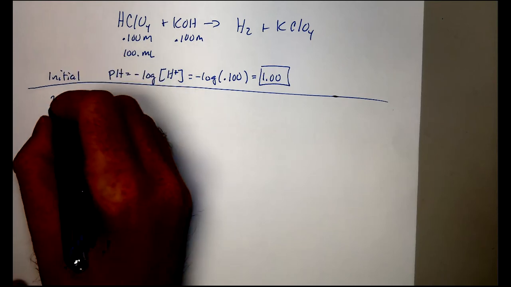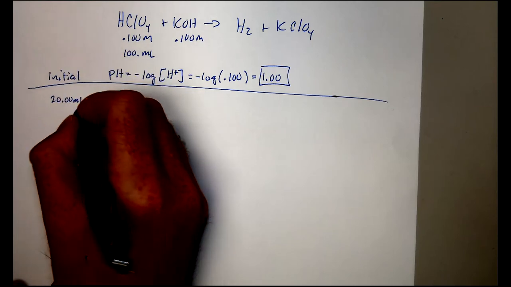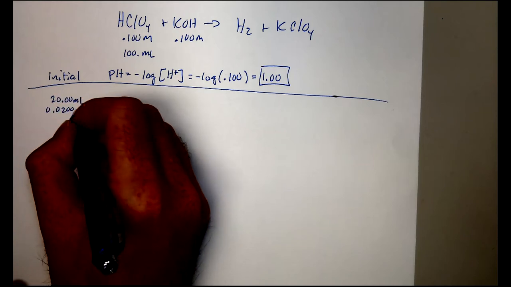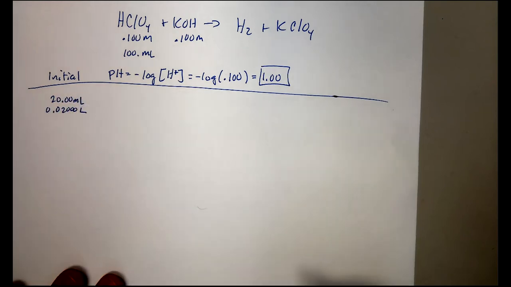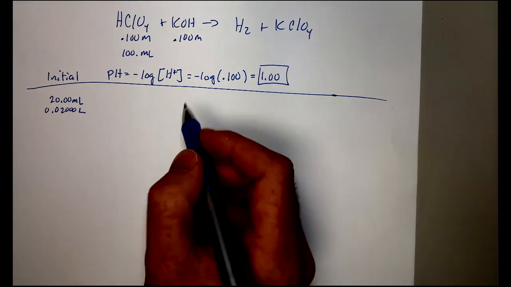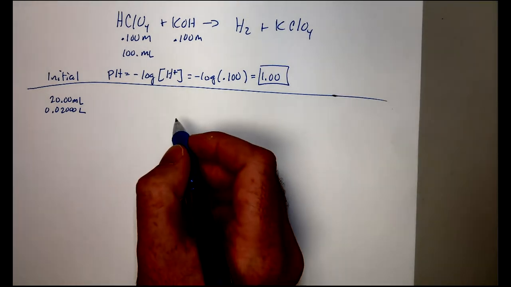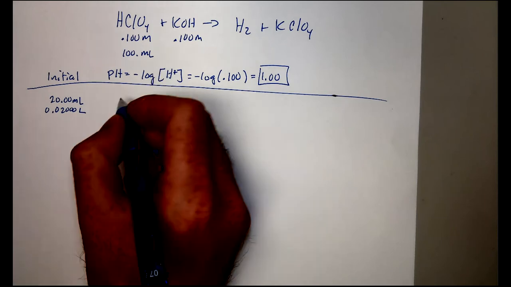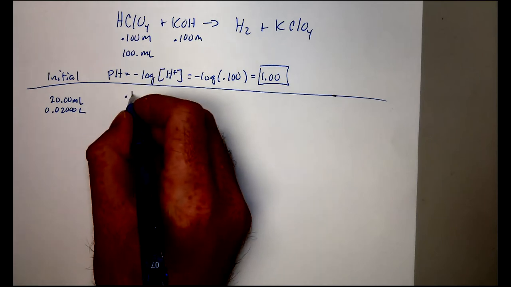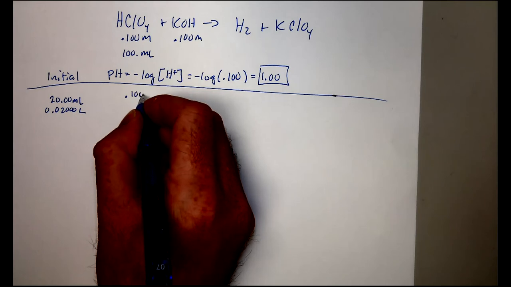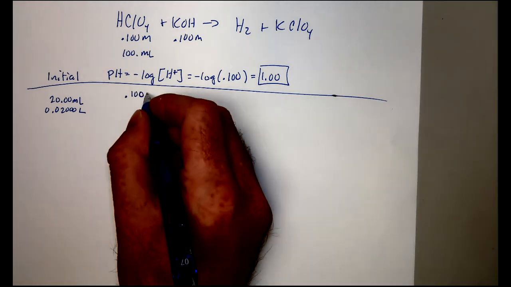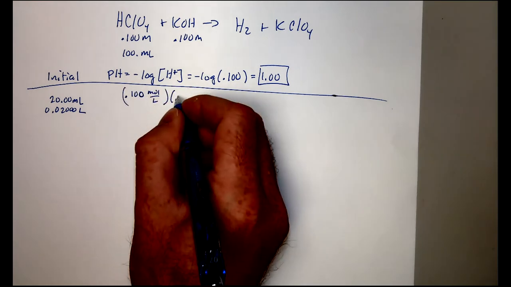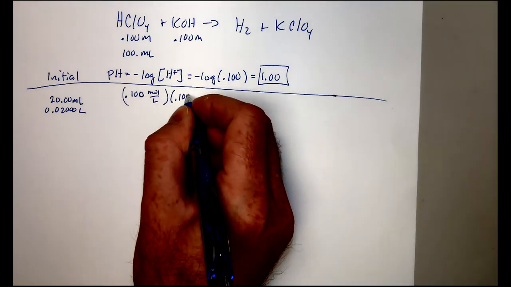So what happens after 20 milliliters, or 0.0200 liters, of 0.1 molar? Now what I've got to do is figure out the amount that's being neutralized. So I'm going to have 0.100 moles per liter, and I've got 100 milliliters of that, so 0.100 liters.